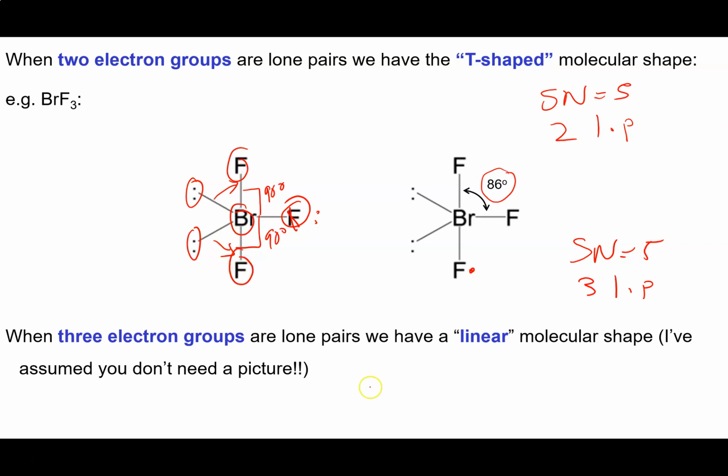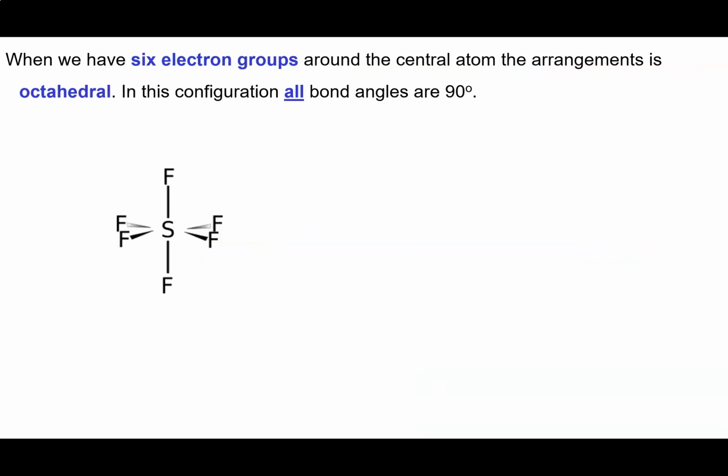All right, okay. So we would end up with like that, and then our lone pairs would be in our trigonal planar arrangement around the middle. But it's kind of tricky to draw. Okay, so I assume that you didn't need a picture for that one.